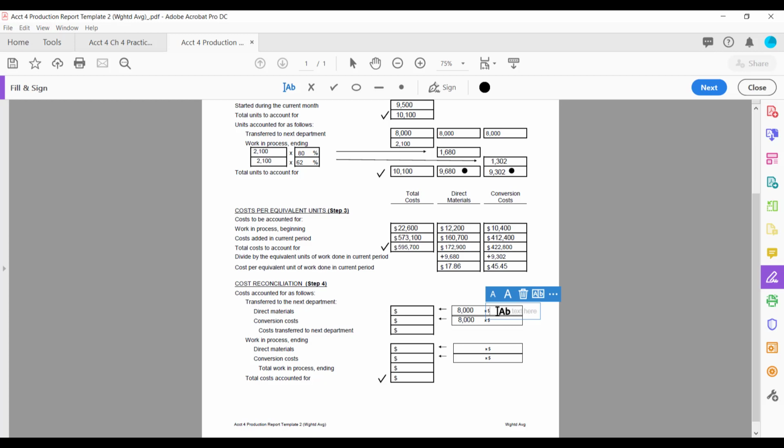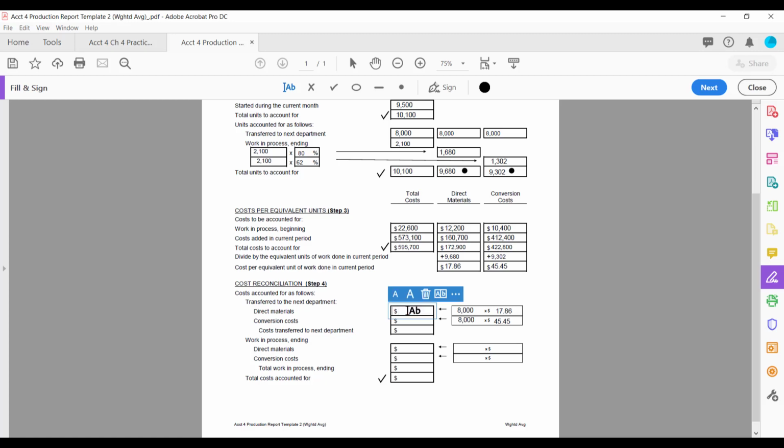So the direct materials cost per equivalent unit, we just found that, right? That's the 17.86. So we're going to copy over that 17.86 down there. And the conversion cost per equivalent unit, that's the 45.45. So these 8,000 units that were completed, each of them cost us about $17.86 in terms of direct materials.